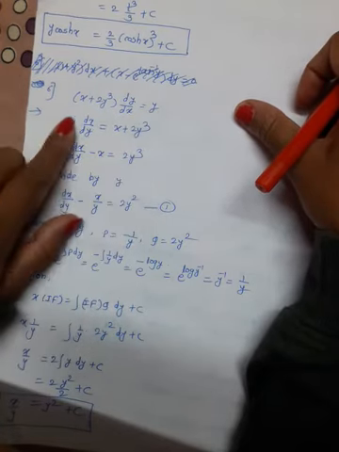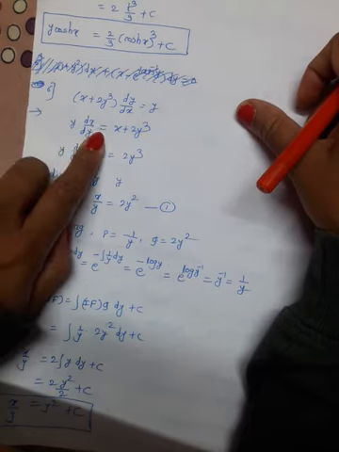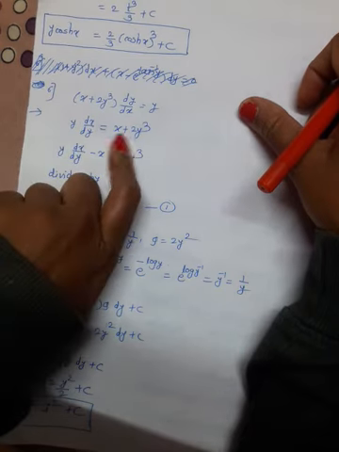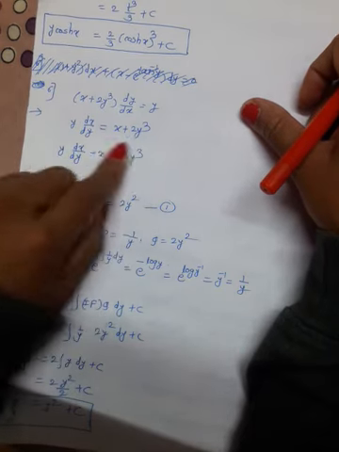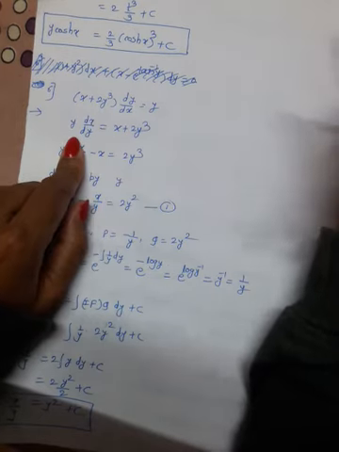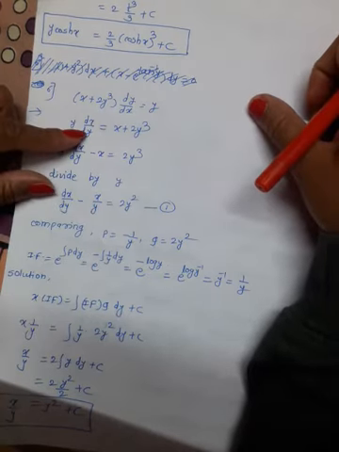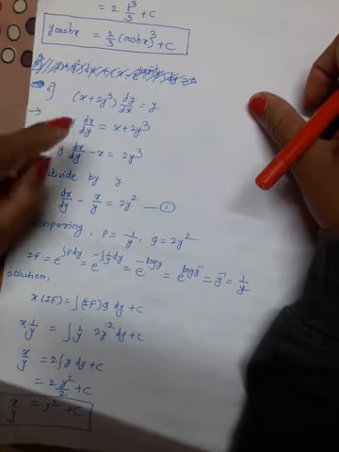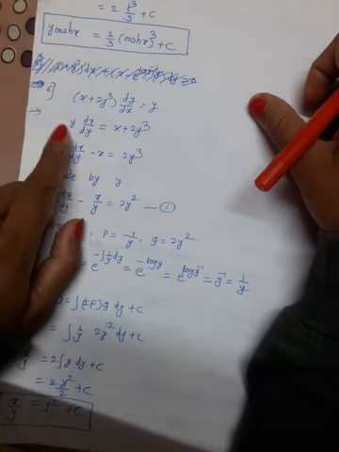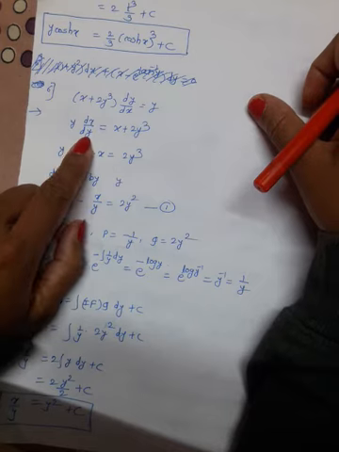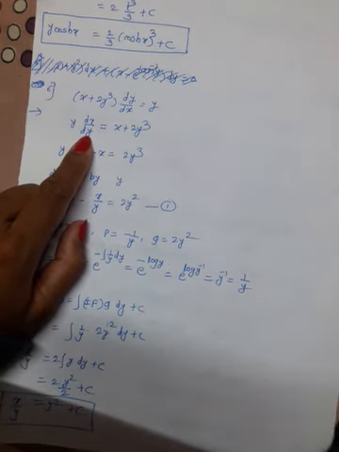We get y into dx by dy is equal to this term as it is on LHS side, x plus 2y cube. Now this becomes the alternative form of a LDE, where instead of y, x is there, instead of x, y is there.